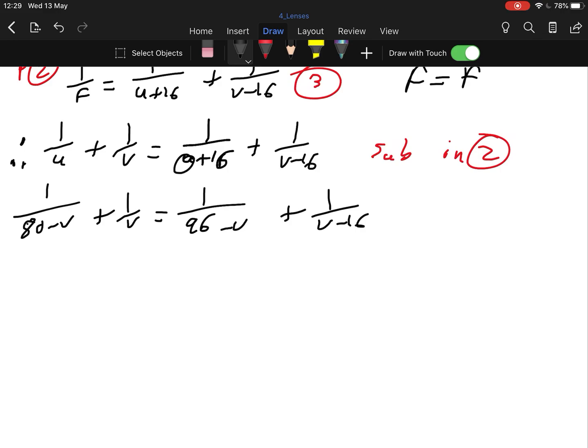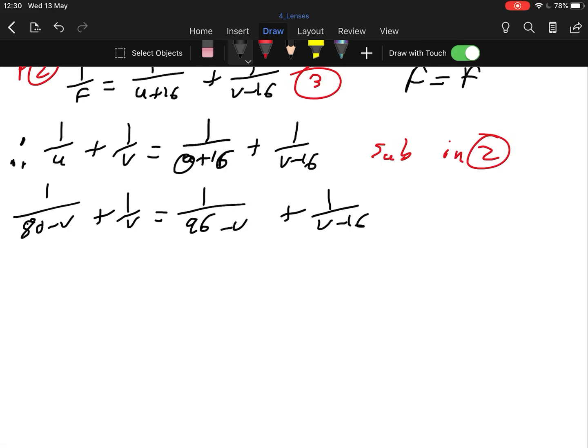Okay. Now, so we got to get the common denominator for both sides. Okay? So the common denominator on this side is going to be 80 minus v. Yeah? Because they both have v, so this one has 80.